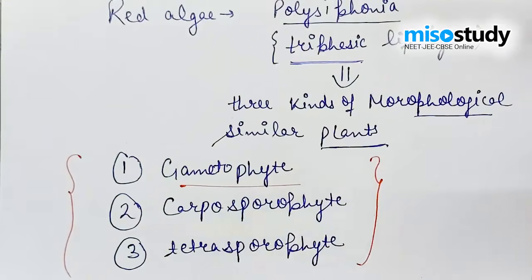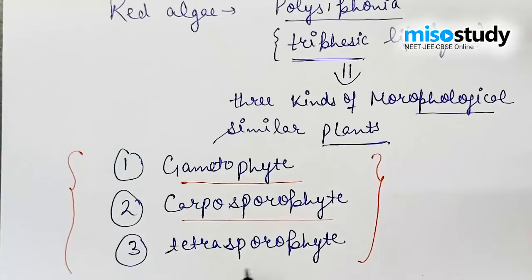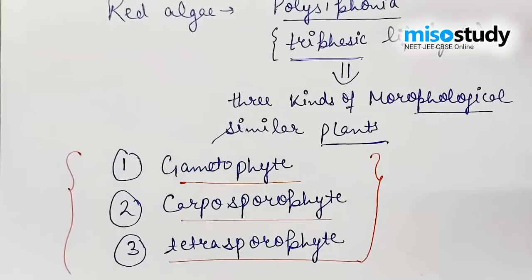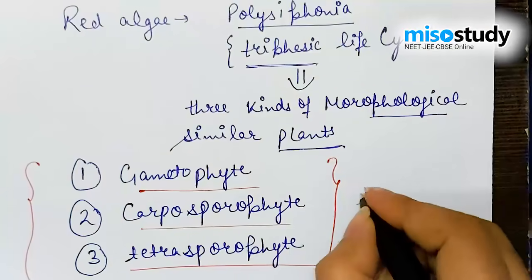First is a gametophyte, next is a carposporophyte, and last one is tetrasporophyte.